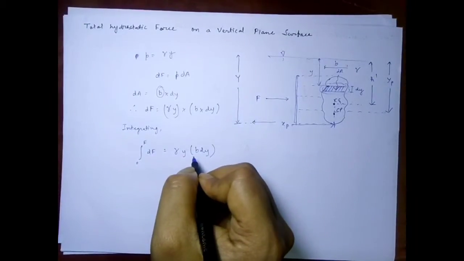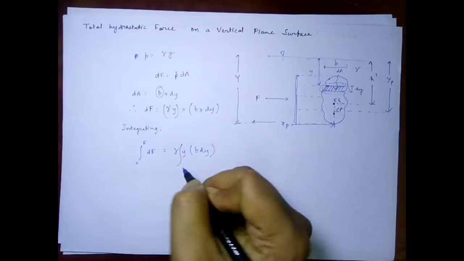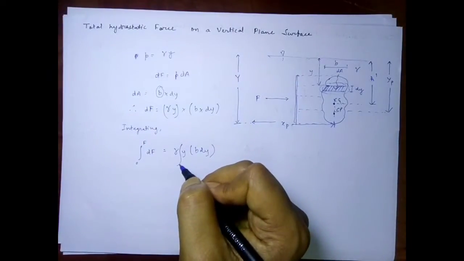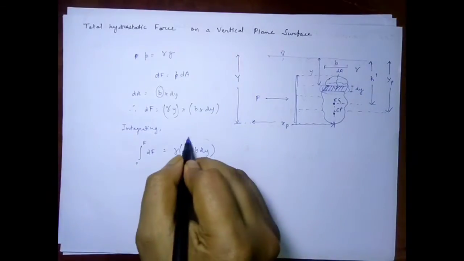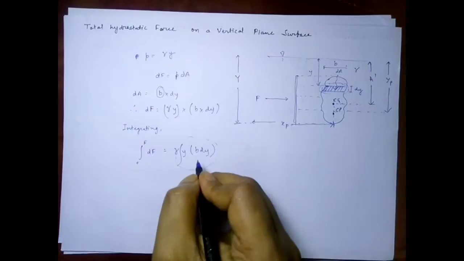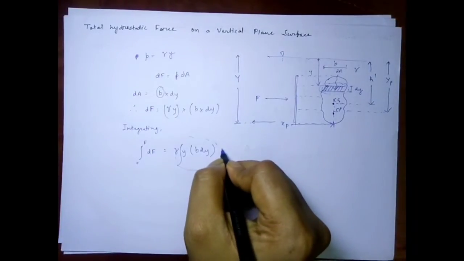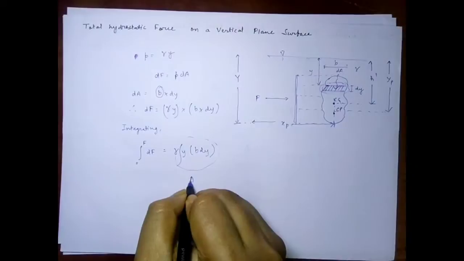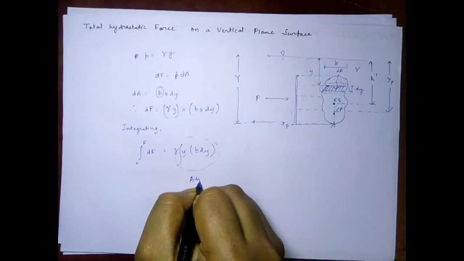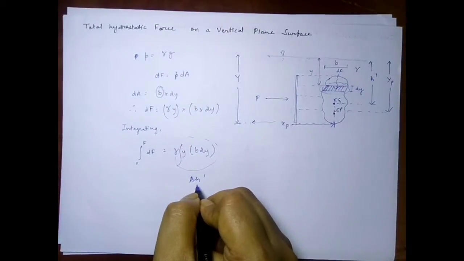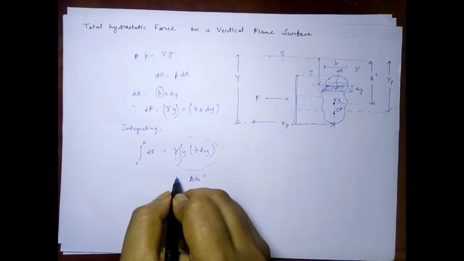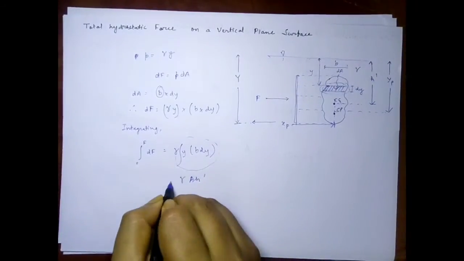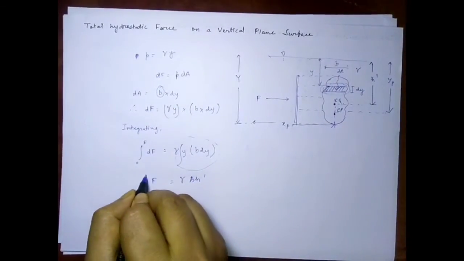If we integrate this, we will get the area A times h dash, where h dash is the distance of the center of gravity and A is the total area, and we will also have the gamma, and that will be equal to the force.